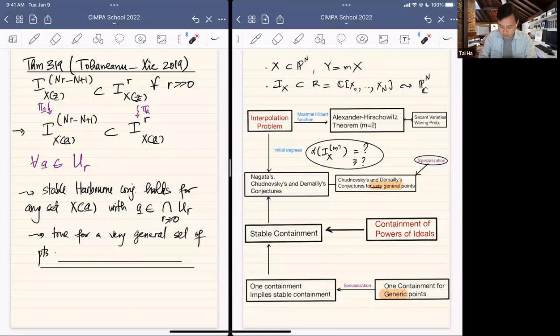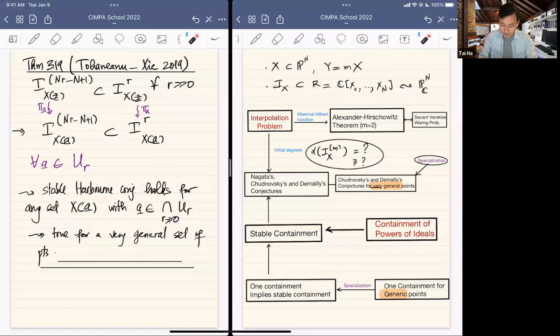So what we did was we looked at the generic set of points, and then we established one containment, or inequality, if we're interested in inequalities, for this generic set of points. And then we apply one specialization, just for one power. And then we get one containment for the specialized set of points on one open subset.